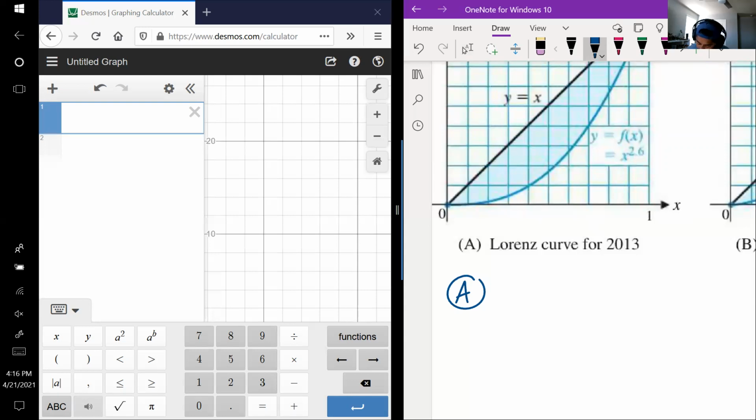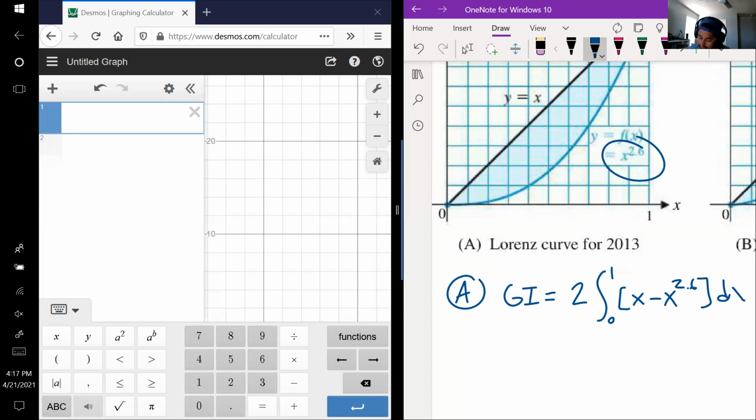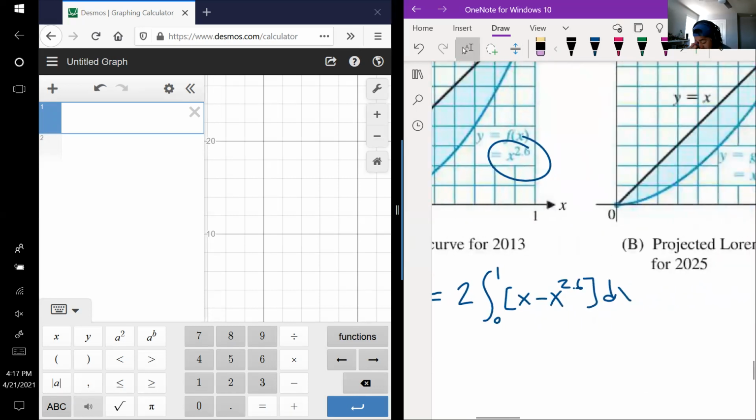So we're going to say the Gini Index is going to be equal to 2 times the integral from 0 to 1 of x minus f of x. And for 2013, it was x to the 2.6, with respect to x. Whoops, I always get too close to that. So here's our setup.